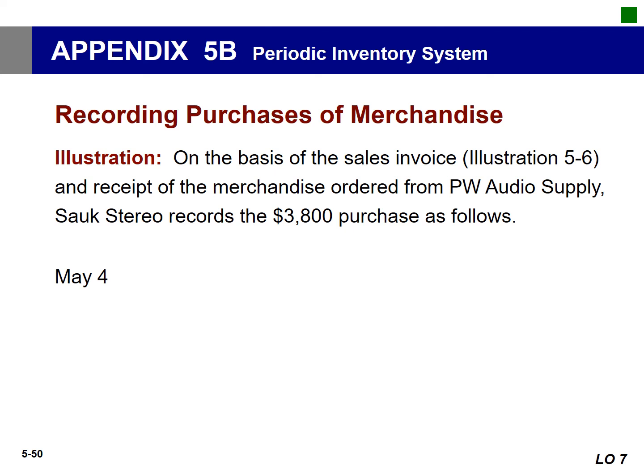These are going to be the identical transactions we looked at a few slides back under the perpetual system. So when Sauk Stereo buys $3,800 worth of inventory, it's going to debit the purchases account and credit accounts payable. Remember, under the perpetual system, we debited the inventory account. Not so under the periodic system.